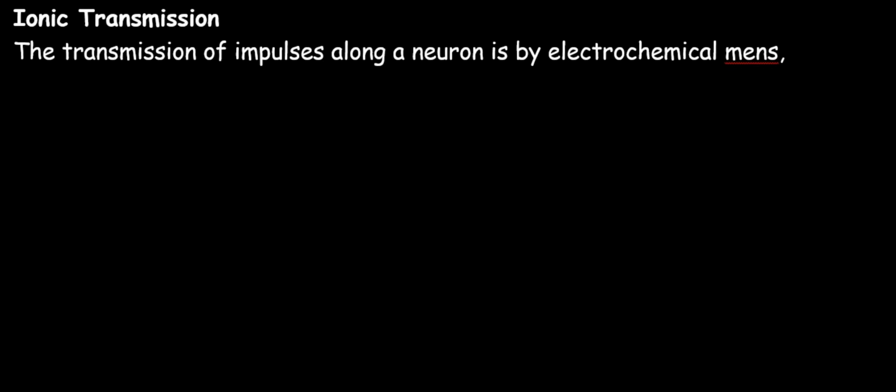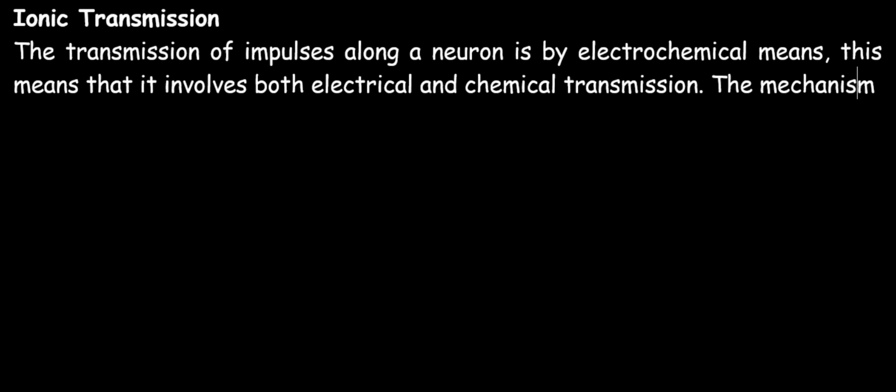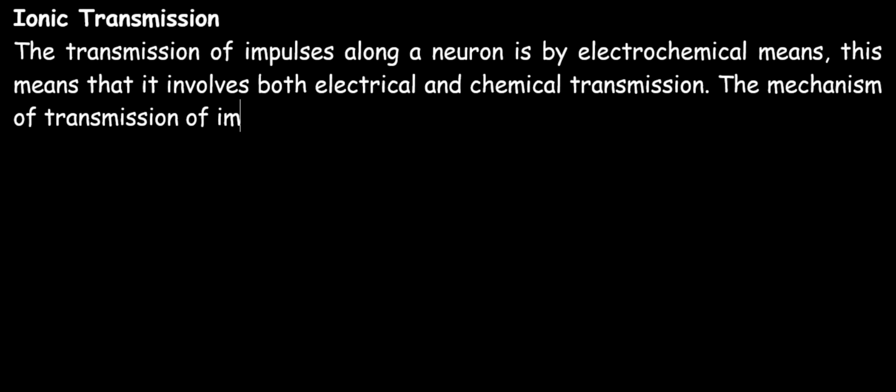about ionic transmission now. Ionic transmission is the transmission of impulses along a neuron. And this transmission is by electrochemical means. When we say electrochemical means, we mean that it involves both electrical and chemical transmission. The mechanism of transmission of impulses through a nerve fiber is in 3 phases.